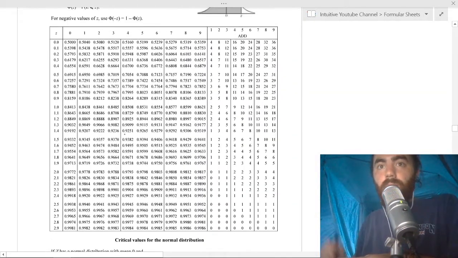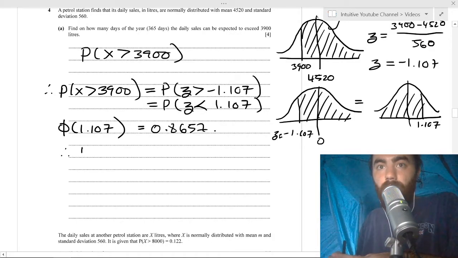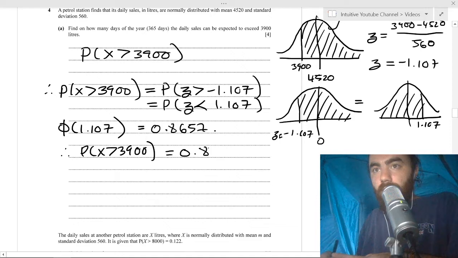So if we go to this table here, we want 1.107, so 1.10, and then for 7 we add 14. So 1.107 would be 43 add 14 is 57, so it's 0.8657. So the probability that X is greater than 3,900 equals 0.8657.